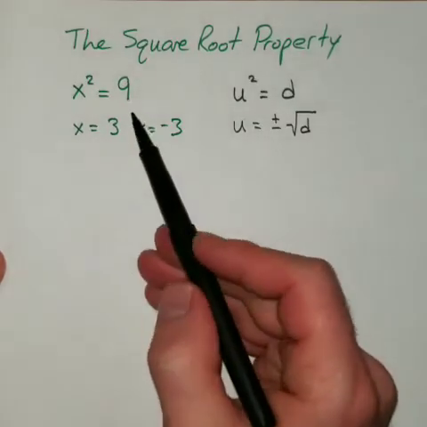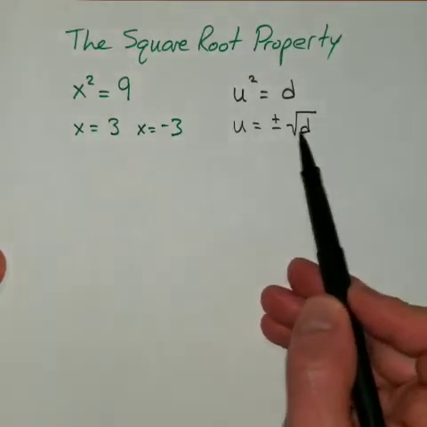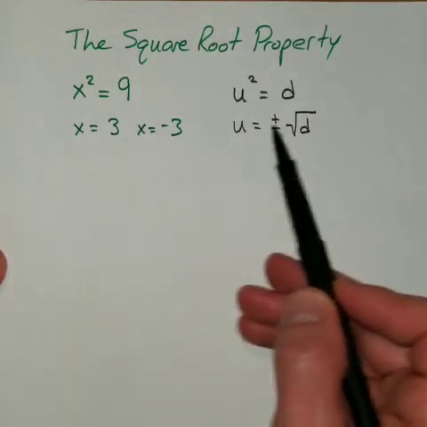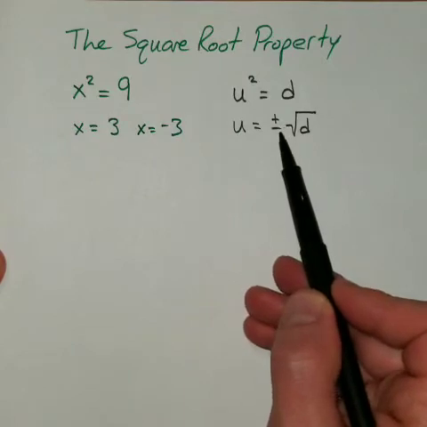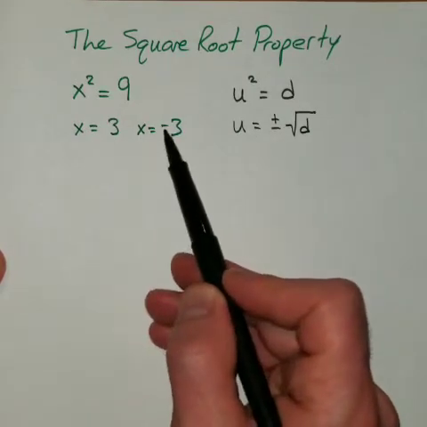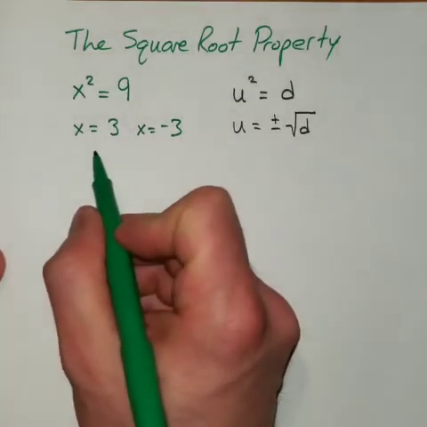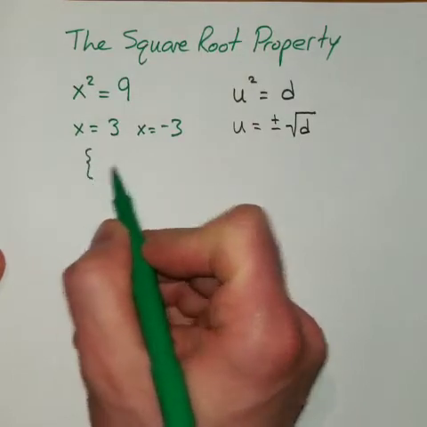And it's essentially what we did here. We took the 9, which is our d, take its square root, that gives you the 3, and then take both the positive and the negative version, the principal square root and the negative square root, and you end up with two answers, or two solutions. Now, of course, we should always put our answers as a solution set when we're solving an equation.